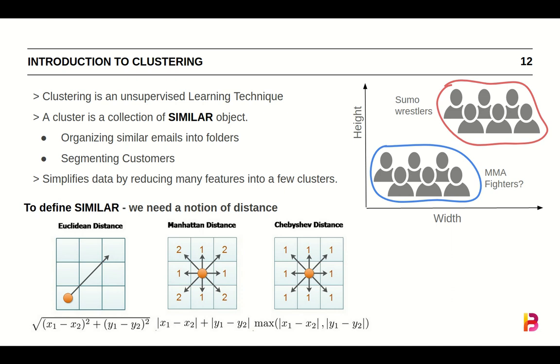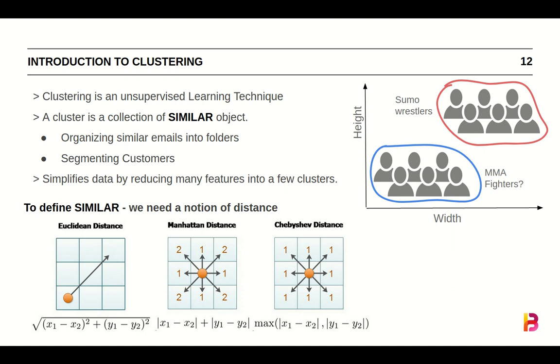The hope was to make clustering a little intuitive. The objective of clustering is to simplify data by reducing many features into few clusters. If we had multiple features on the same example, such as height, width, weight, body mass index, and many other observations about multiple people, and we are able to arrive at these clusters, then we can represent the same data instead of in many dimensions.